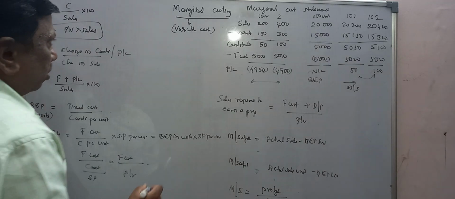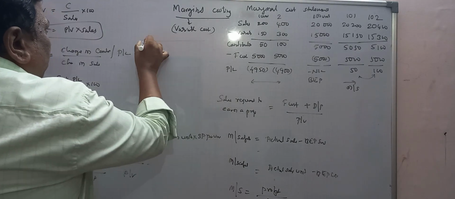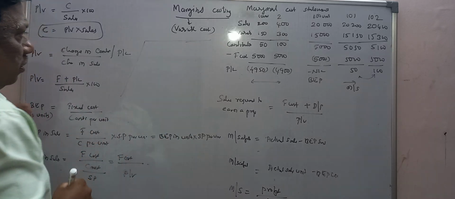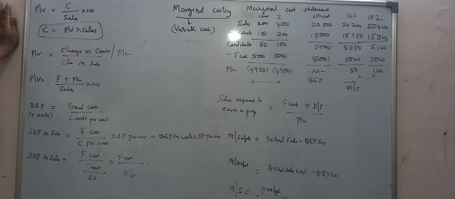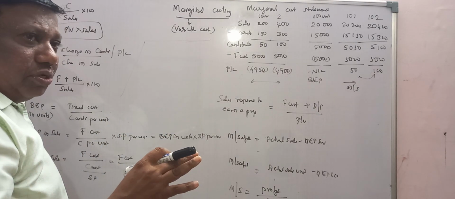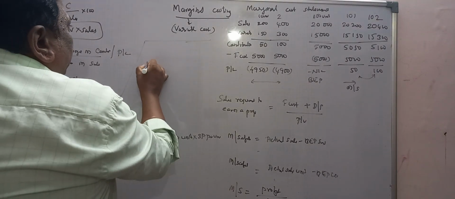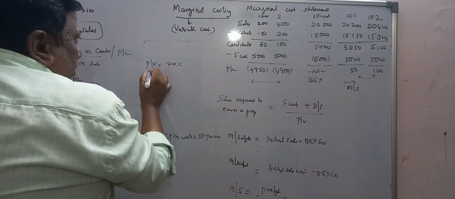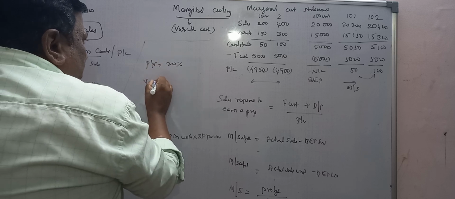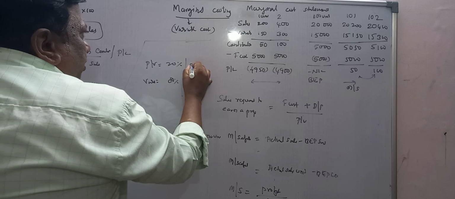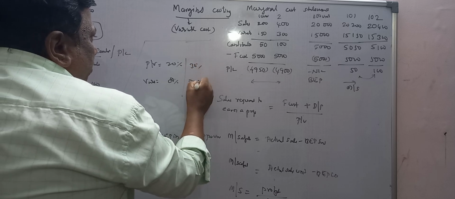One more important thing: if you know PV ratio or variable ratio, because this majority depends on variable cost only, right? For example, if PV ratio is 20%, variable cost is 80%, together 100. If PV is 30%, variable cost is 70%.